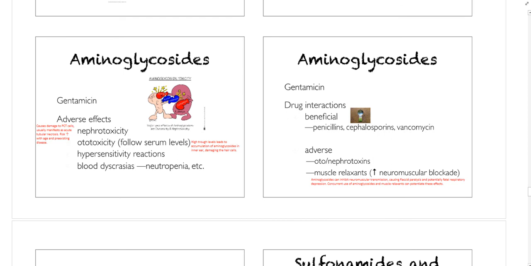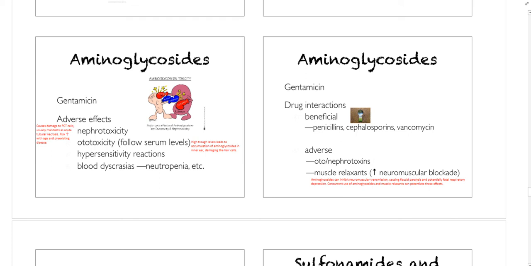Similar to vancomycin, there is a risk of ototoxicity and nephrotoxicity. And with the ototoxicity with gentamicin, there is a potential of causing actual long-term damage from the use, because with the accumulation of higher or low doses of gentamicin in the body, they tend to accumulate and deposit in the inner ear and damage the actual hair cells.